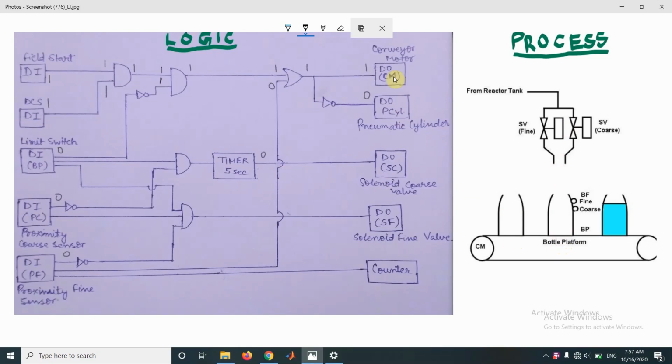So now when the conveyor motor is running, the bottle placed on the platform moves from this position on left to the position right under the solenoid valve. And when the bottle reaches this position, it is sensed by this limit switch BP.